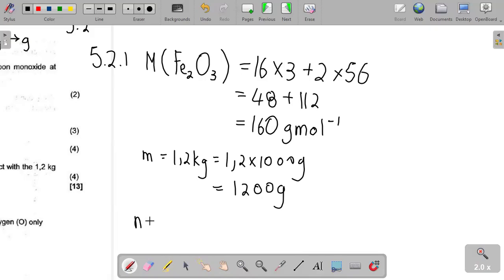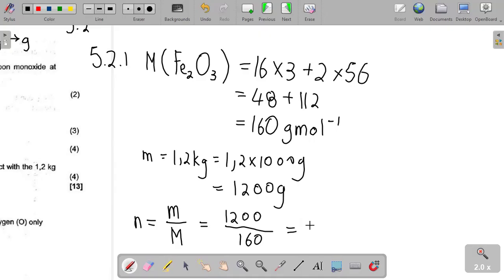So we can say n equals m over M. So it's going to be 1,200 divided by 160.